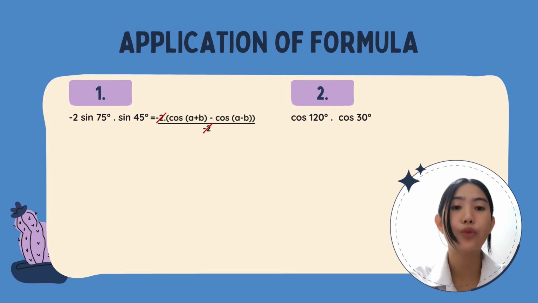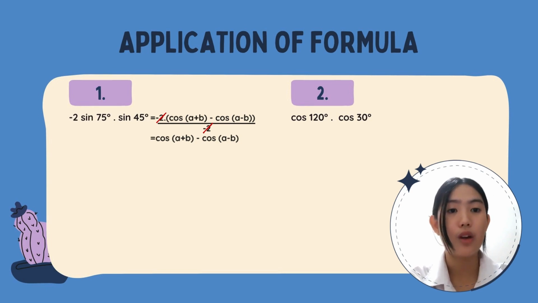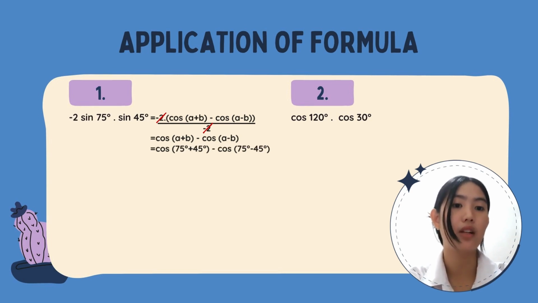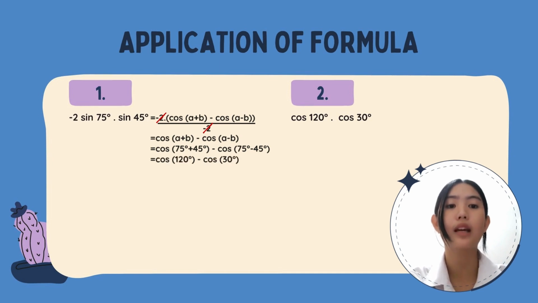So what we are left with is cos(A+B) minus cos(A−B). Insert the value of A and B, so we can write down cos(75 degrees plus 45 degrees) minus cos(75 degrees minus 45 degrees). Add and subtract the A and B, so we're left with cos 120 degrees minus cos 30 degrees.